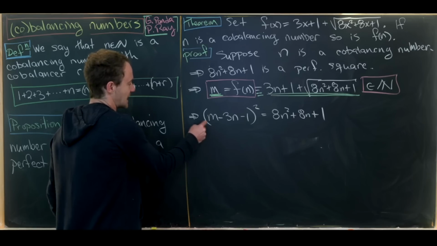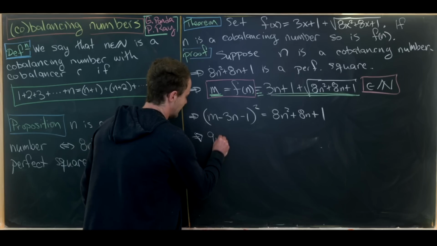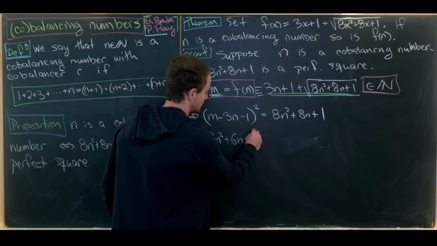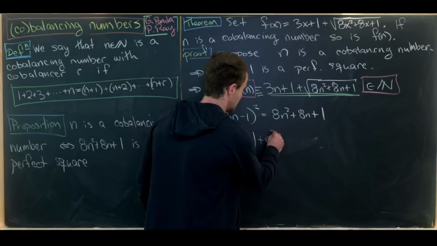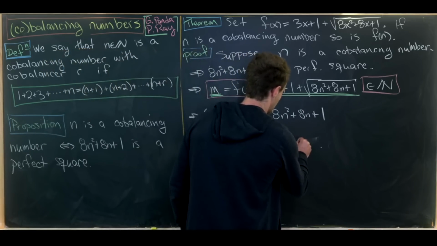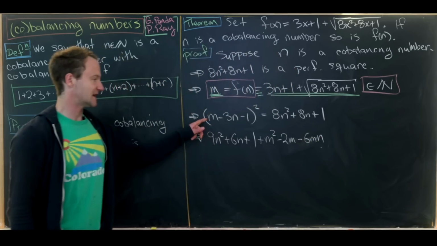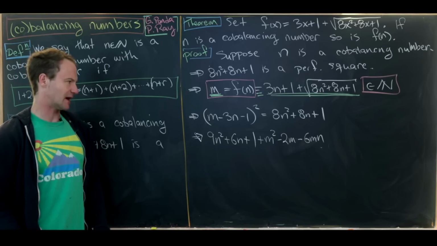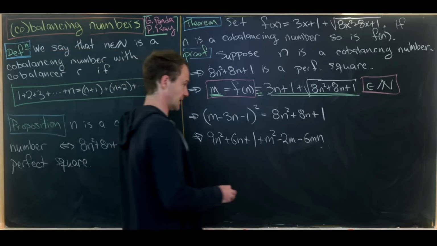But then expanding out this left-hand side will give us the following object. So we'll have 9n squared plus 6n plus 1, and then plus m squared, and then minus 2m, and then minus 6mn. So like I said, that's from expanding out this left-hand side. I'll let you guys check that, but really it's just a bunch of symbolic manipulation. There's nothing fancy going on there.